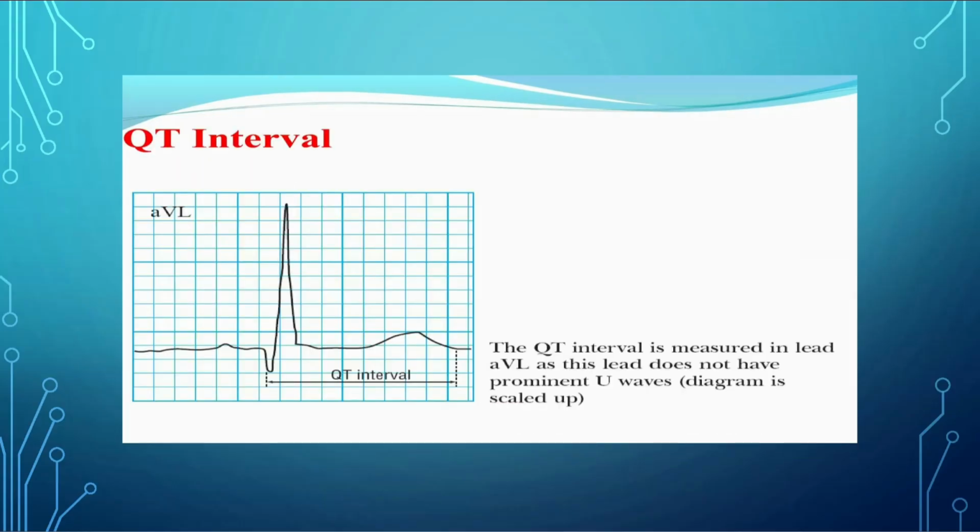Now QT interval. So QT interval is measured in lead AVL as this lead does not have prominent U wave. Remember, QT interval is measured in lead AVL.